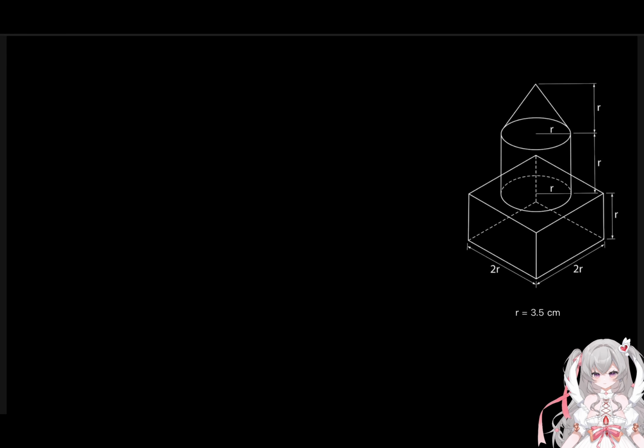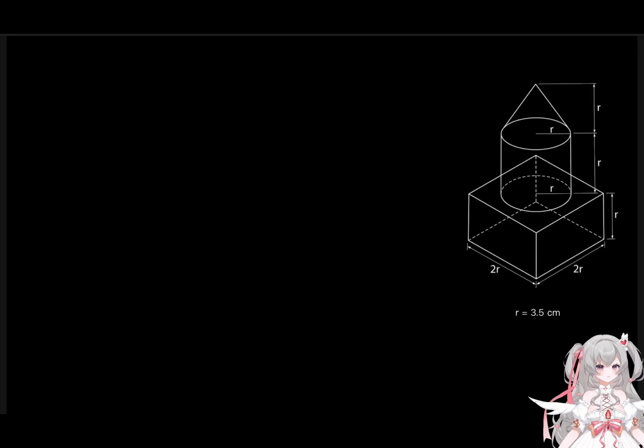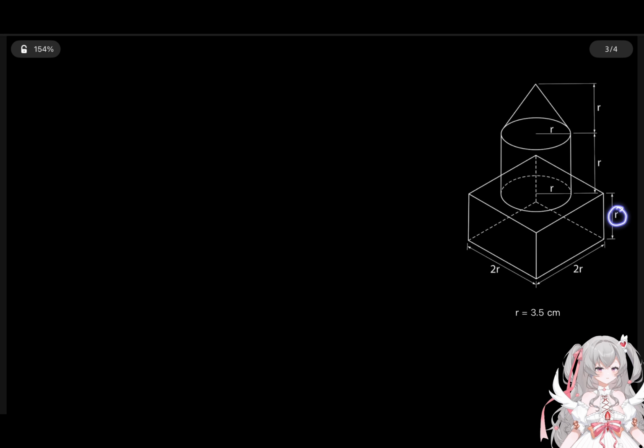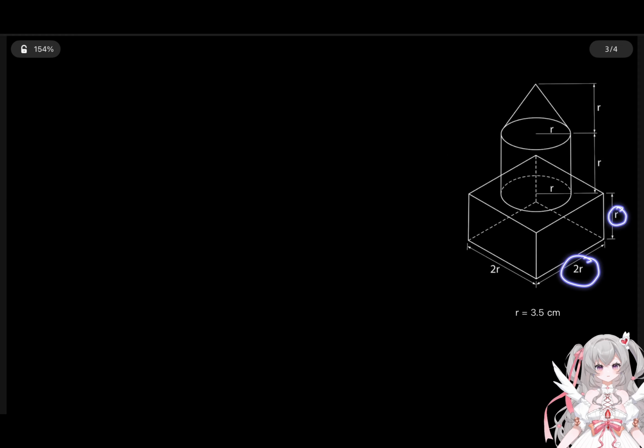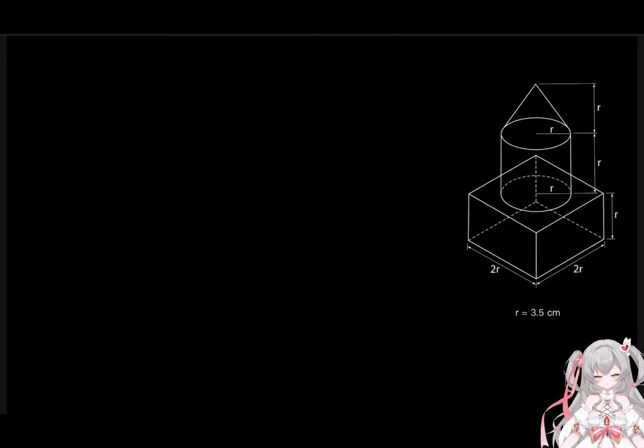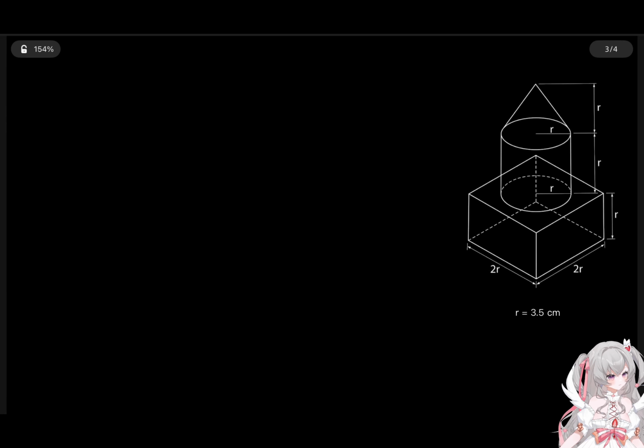Each side has 2 dimensions, and in this case, we have 2r and r. So if we multiply them together, then we get the area of one side, which is 2r multiplied by r. And as a result, we get 2r squared.